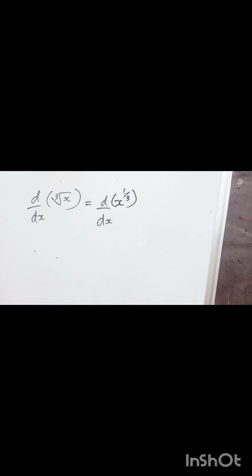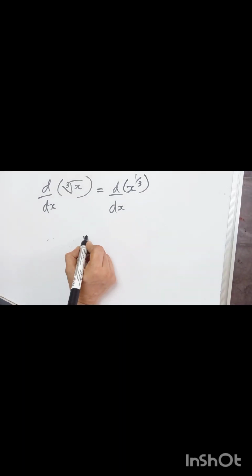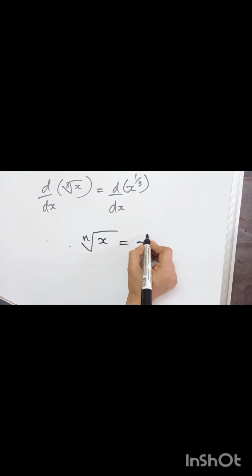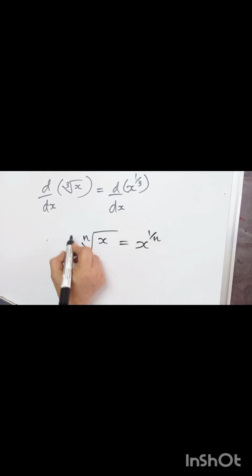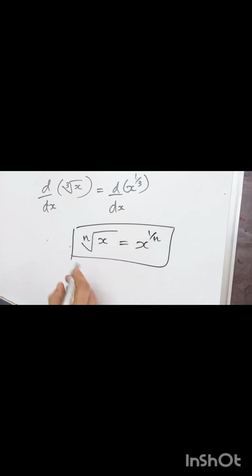Square root of x is x to the power 1 by 2. Cube root of x is x to the power 1 by 3. Or for any number, the nth root of x we can write as x to the power 1 by n. This you have to keep in mind.